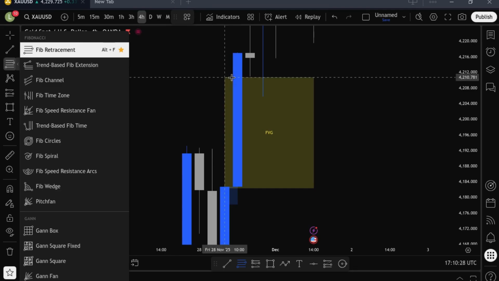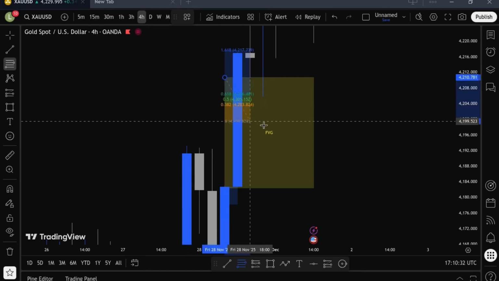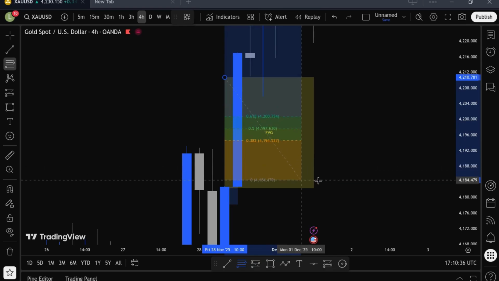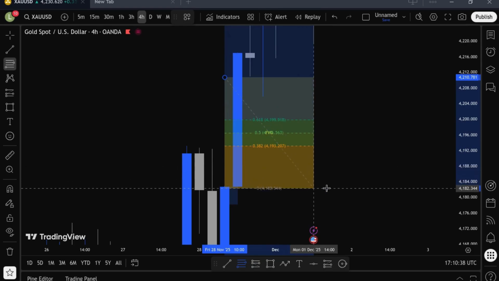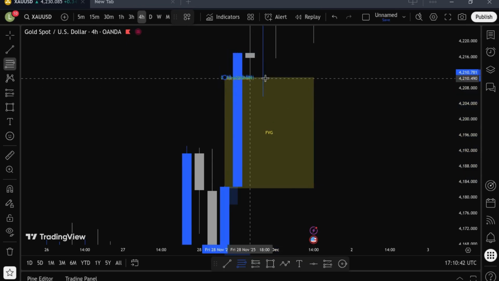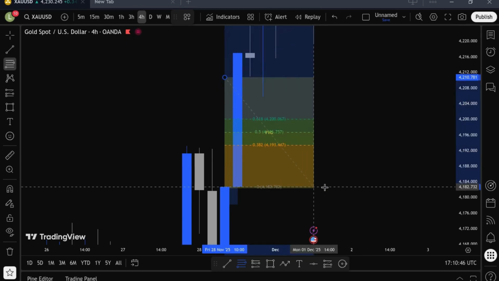So how do you use Fibonacci retracement to map out the 50 Fib level of an FVG? You map from the price level where it started, that is this one, in this case from here, to the price level where it ends, that is this one, and this would be your retracement.